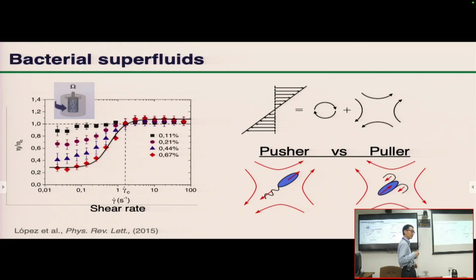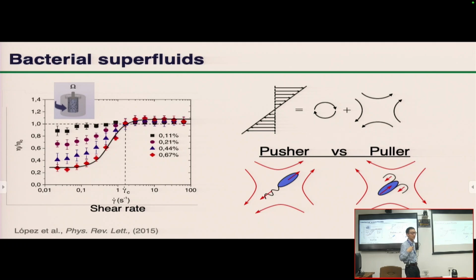But once they're aligned, these guys are active. They will generate their own disturbance flow in the fluid. For a pusher, their force dipoles are in these directions, so the flow they generate is also an extensional flow in the same direction as the flow you have applied.